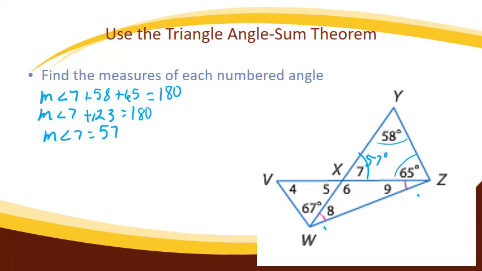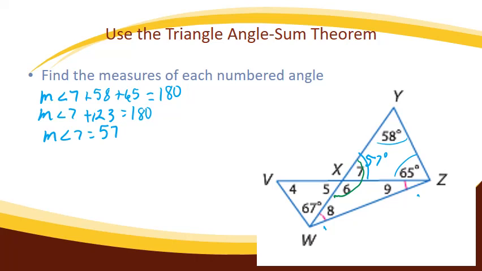Now, I can use that information to find the measure of angle 6, because the measures of angles 7 and 6, if I look at that, that's on the line WY. They're adjacent angles. They must be a linear pair. That means they must be supplementary.